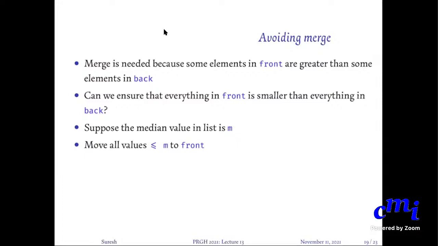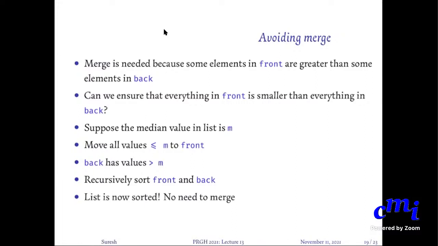Move all values less than or equal to m to front, back has values greater than m, and then you recursively sort front and back. Your final result will be front plus plus back.